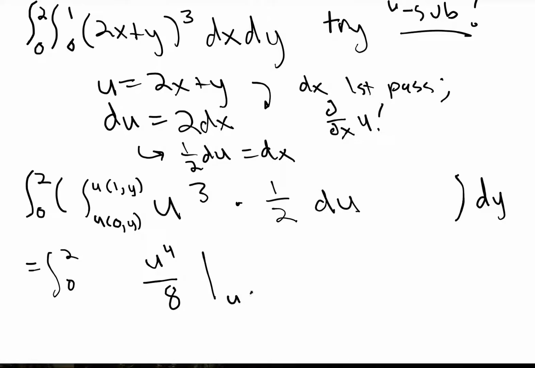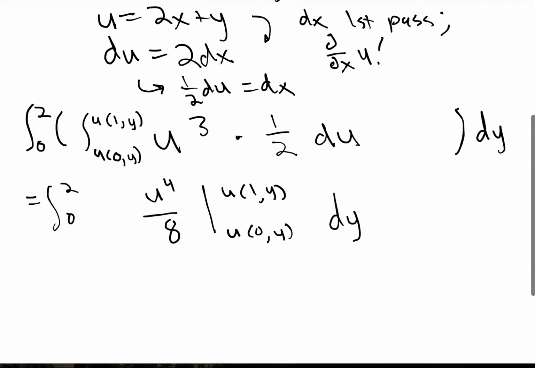We're evaluating this between u of 0, y and u of 1, y, whatever that is. Usually though, most of you guys tend to not evaluate u substitutions by replacing your bounds. The more common method that I've seen people do is they revert back to the original variable, so I'm happy to go ahead and do that here.